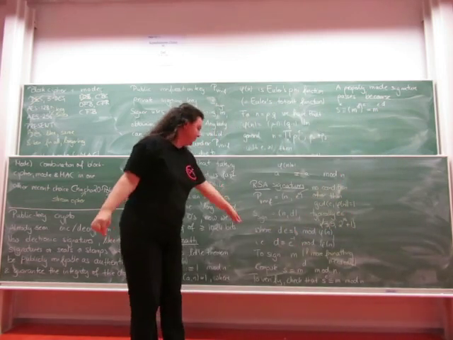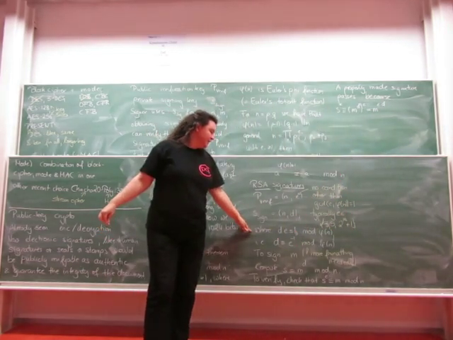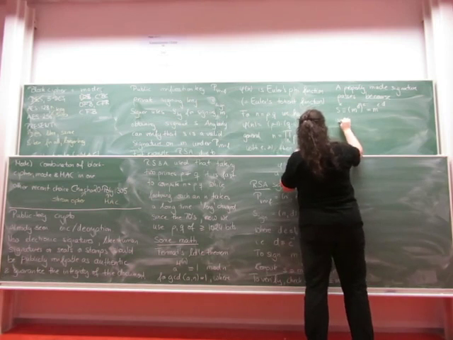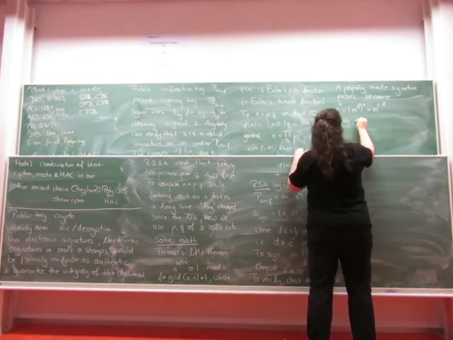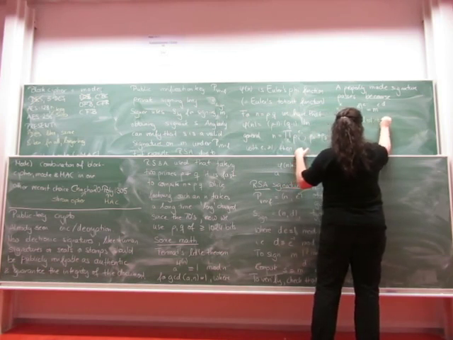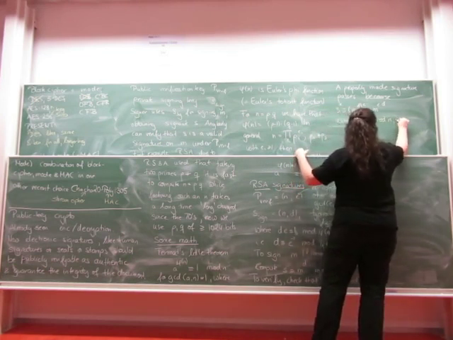Now I go back to here. D times E is 1 mod N. So we're going to use E times D is congruent to 1 mod N.